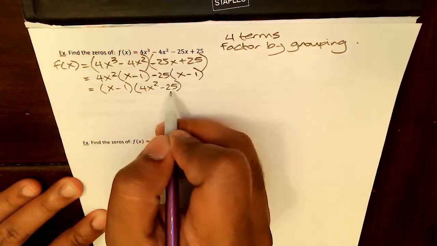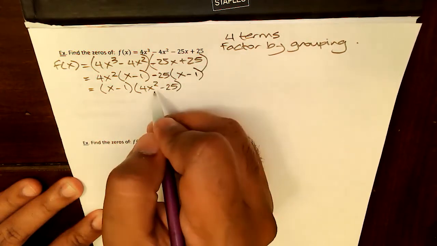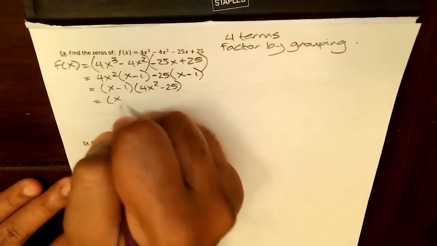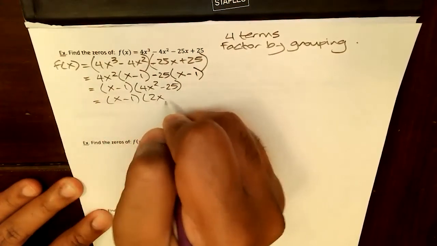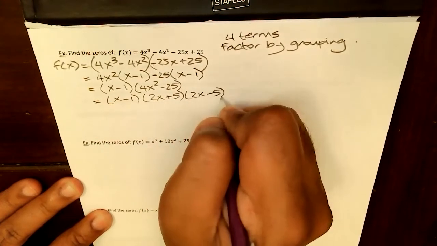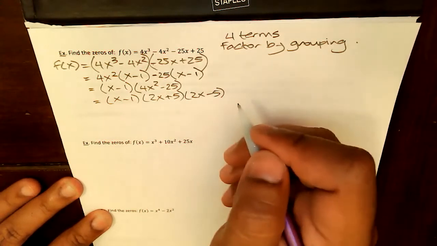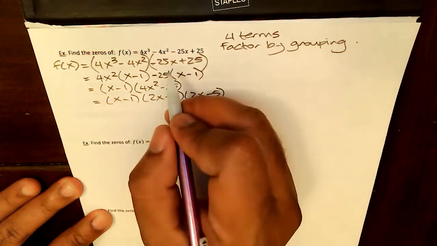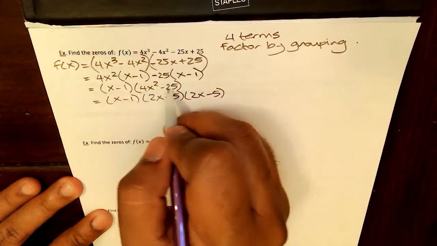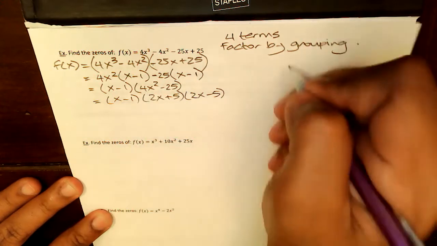Now 4x squared minus 25 is something that I can factor further, and that factors to 2x plus 5, 2x minus 5. What I've done here is use something called difference of squares. In 4x squared minus 25, the 4x squared and the 25 are both square terms, and you're subtracting them.